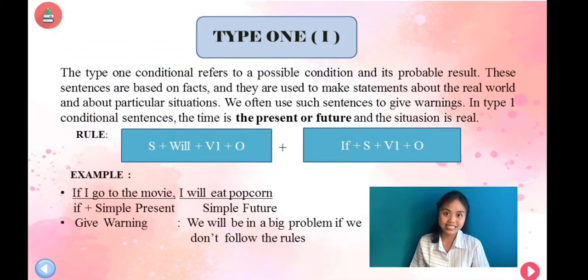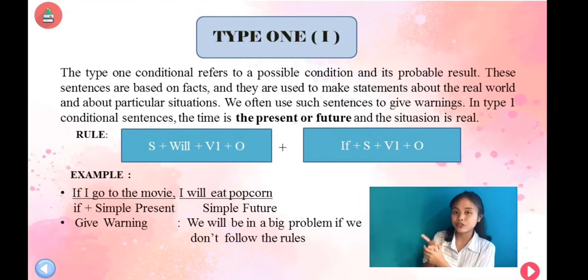The second type is type 1. The type 1 conditional sentence refers to a possible condition and its probable result. These sentences are based on facts and are used to make a statement about the real world and about a particular situation. We often use this sentence to give warnings. In type 1 conditional sentences, the time is the present or future and the situation is real.